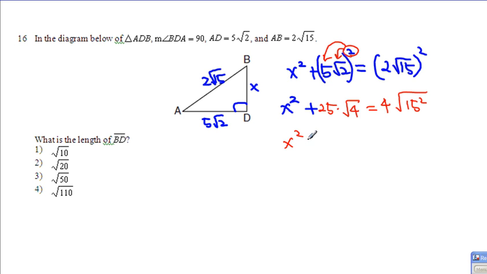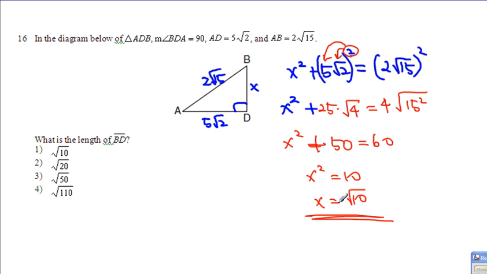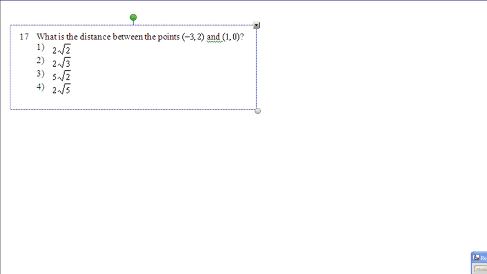If you rewrite it, then x squared plus 2 times 25, we get 50, equals 4 times 15, we end up getting 60. By subtracting 50 from both sides, x squared will be equal to 10. Then x must be equal to square root of 10. That becomes our answer, choice number 1.